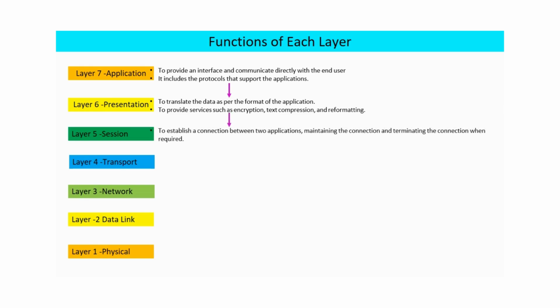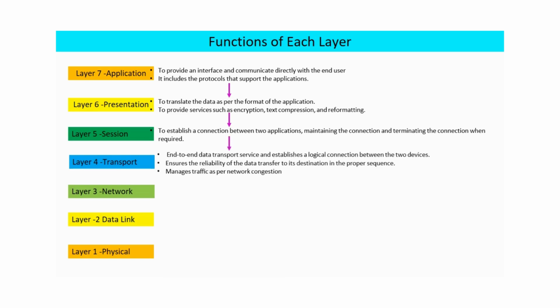Let us now move to the session layer, that is the 5th layer. It establishes a connection between the two applications, maintains the connection, and terminates the connection when required. Next layer, transport layer.